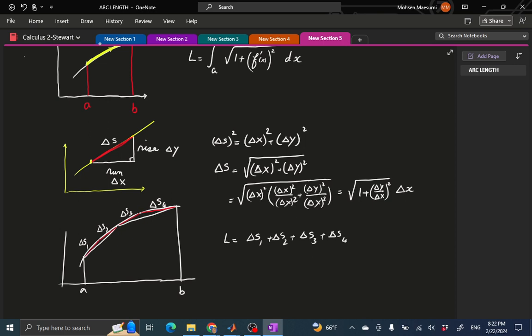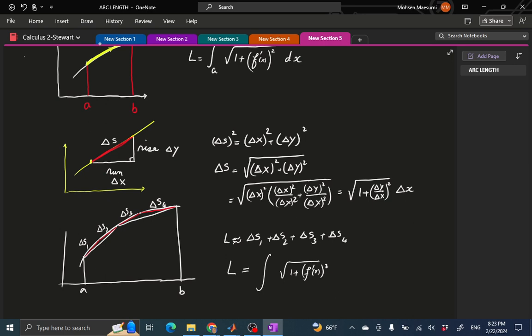Then this L that I'm approximating, at the limit, becomes, so we are adding up things of this type. That addition is done by integration, and the function I'm integrating is the square root of 1 plus delta y over delta x, which is the same as the derivative dy dx.